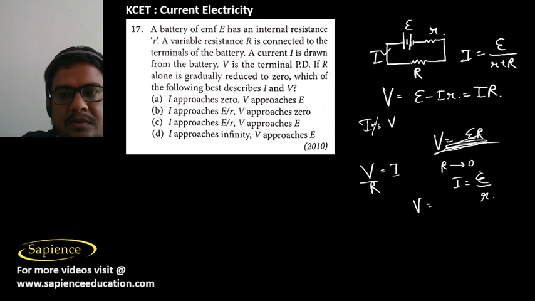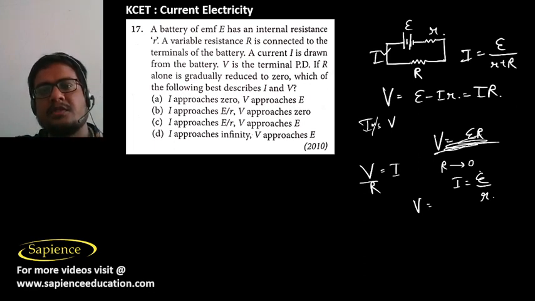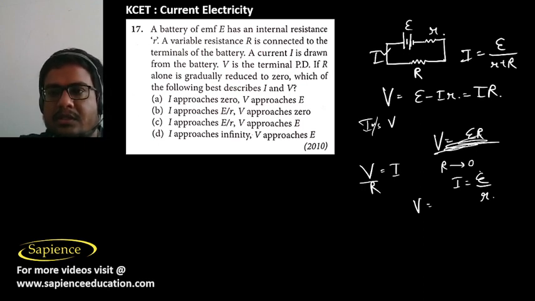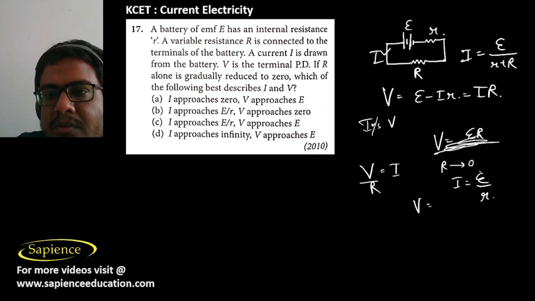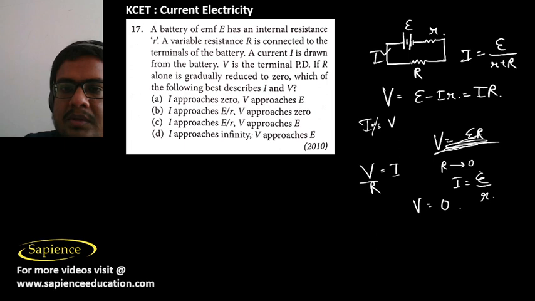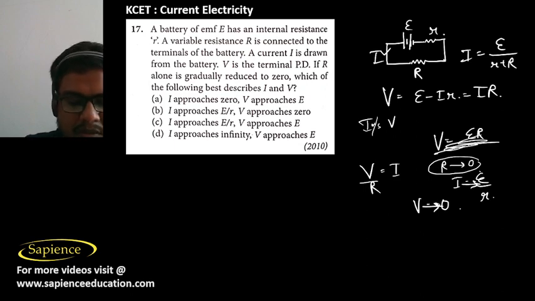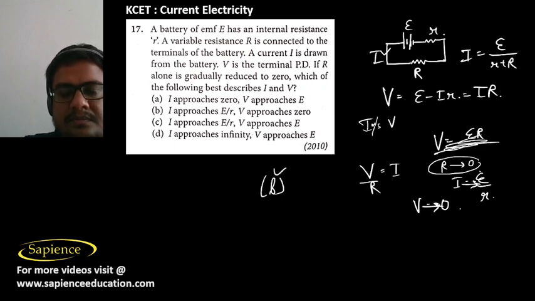Okay. R alone is gradually reduced to 0. So when R is reduced to 0, then I will be equal to E by R. V will be equal to 0. So when R is tending to 0, the current approaches E by R and V approaches 0. It means that option B is the correct answer.